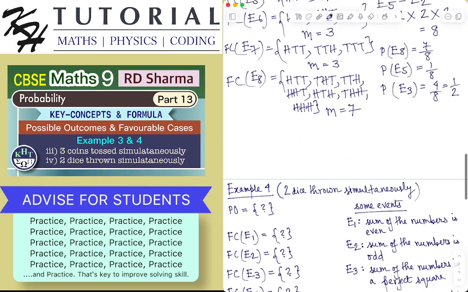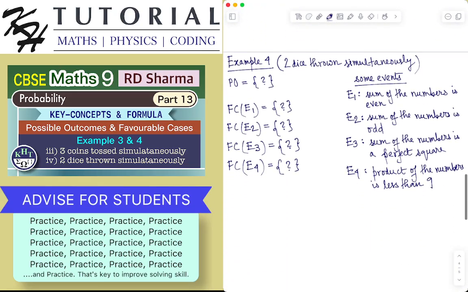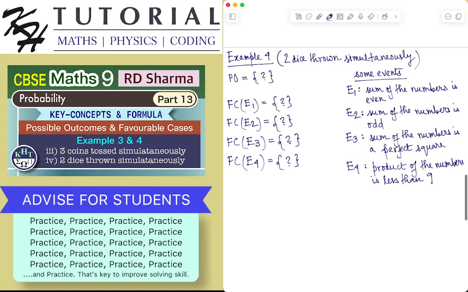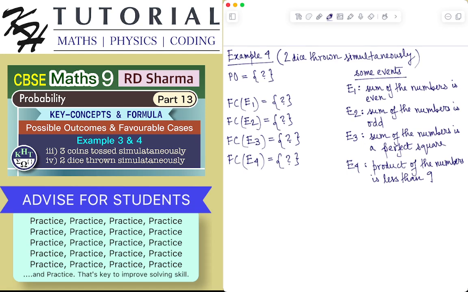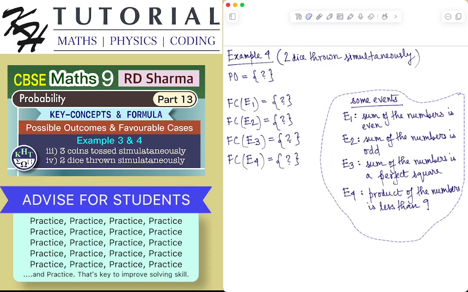Example 4. In this random experiment, 2 dice are thrown simultaneously. What are the possible outcomes? We know that a die has 6 numbers. When we throw a die, one number shows up, the number on the top side.